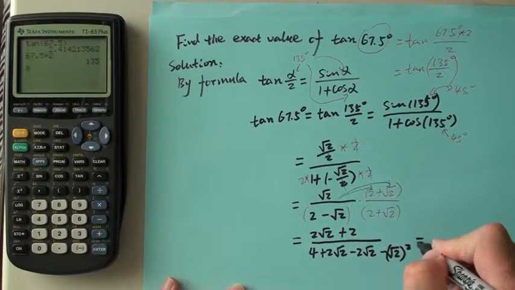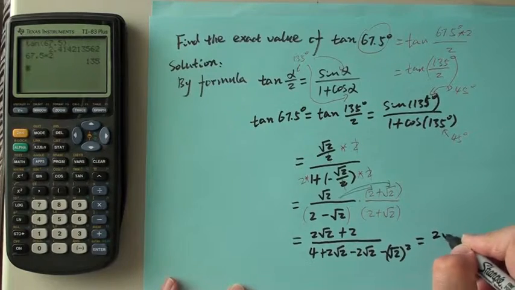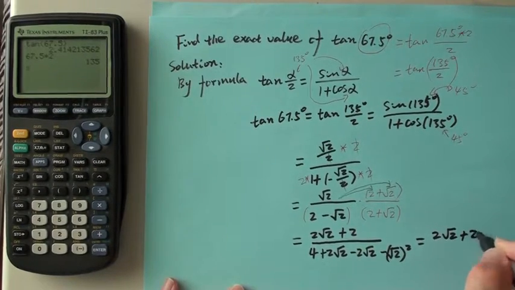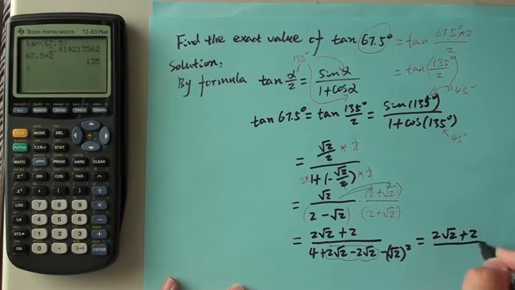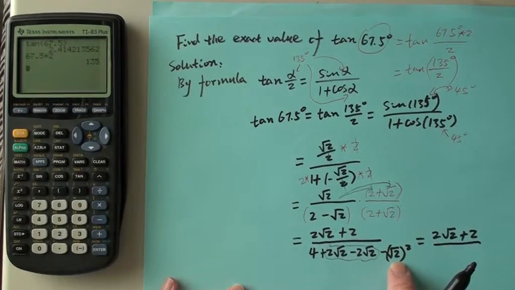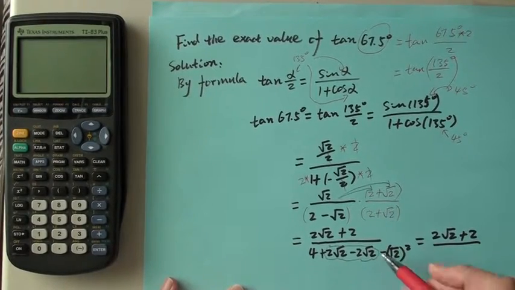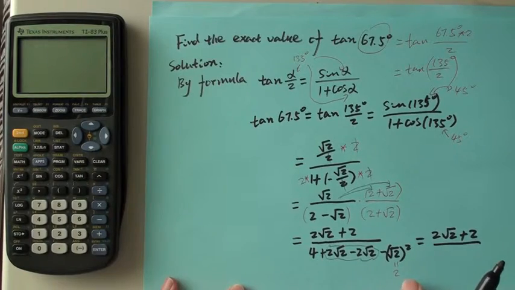So what do we have? Upstairs is 2 radical 2 plus 2. Downstairs, those middle terms cancel, and here is 4 minus radical 2 squared. Radical 2 squared is 2, so 4 minus 2 is 2.